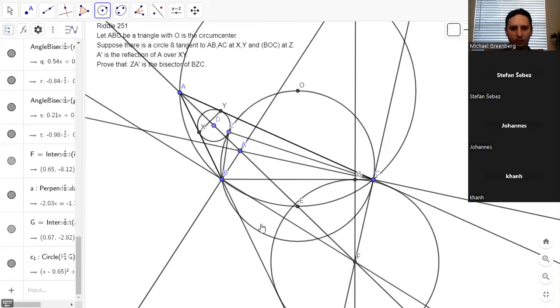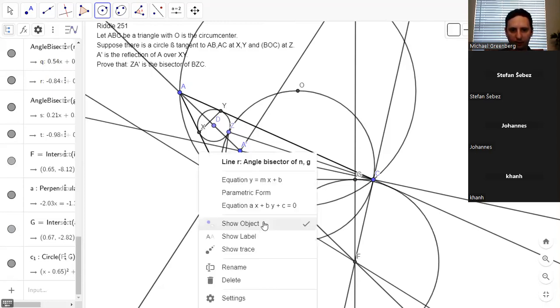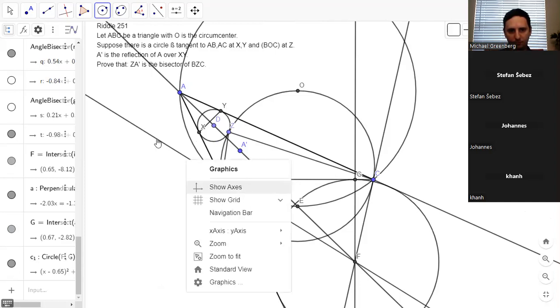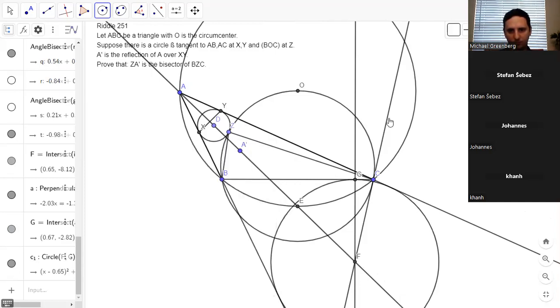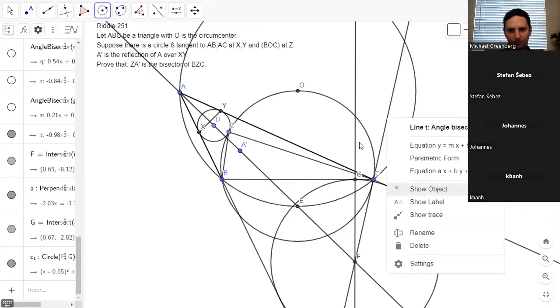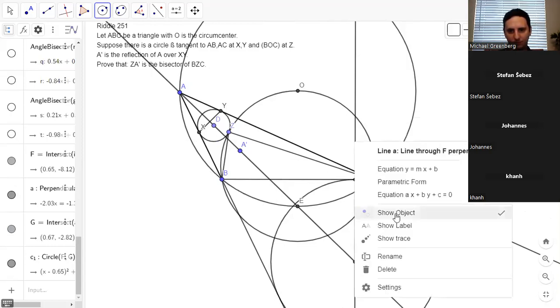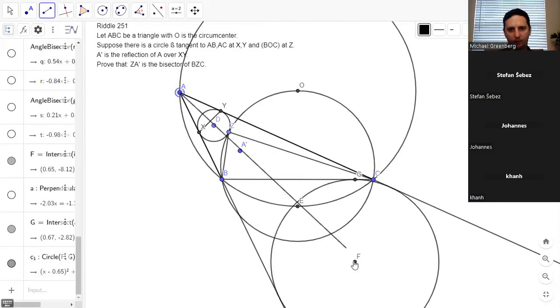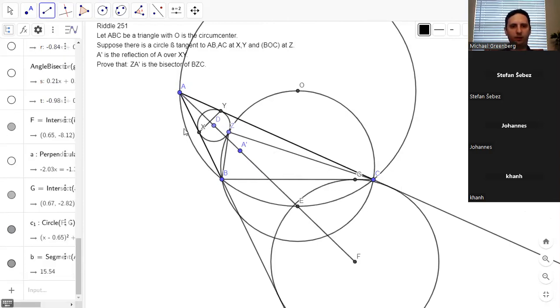All right, let me hide stuff that I don't need so it's not so messy. Okay, so the inversion takes that little circle beta to the X circle.